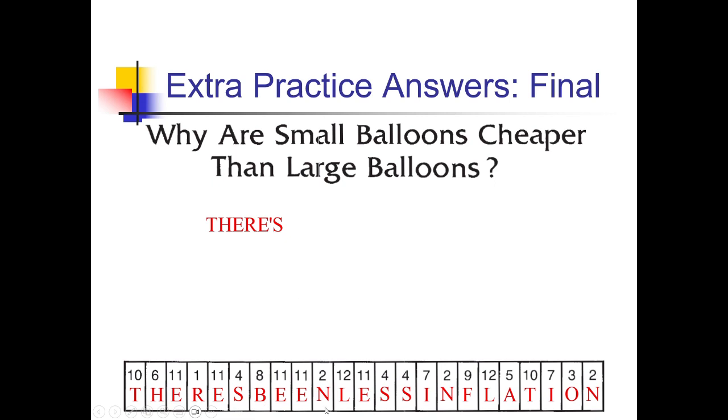And then BEEN, that's been. LESS, I think just less. And then this is all one big word over here, inflation. Why are small balloons cheaper than large balloons? There's been less inflation. Okay, like blowing up balloons and blowing up the prices of balloons.